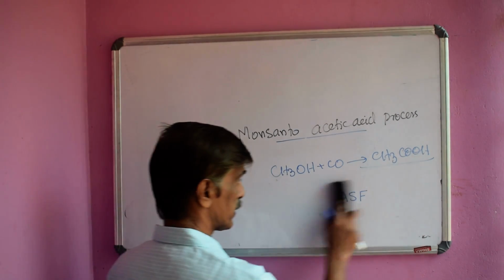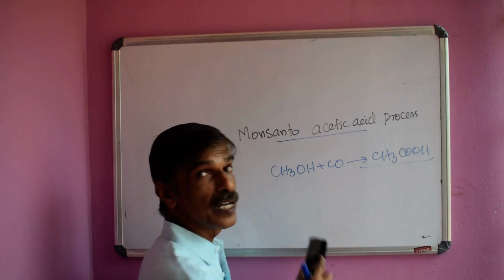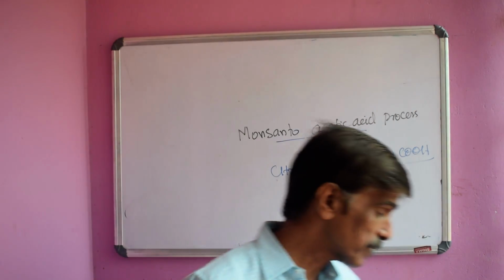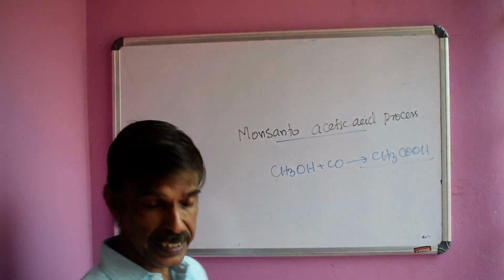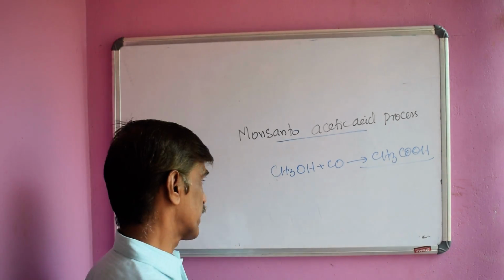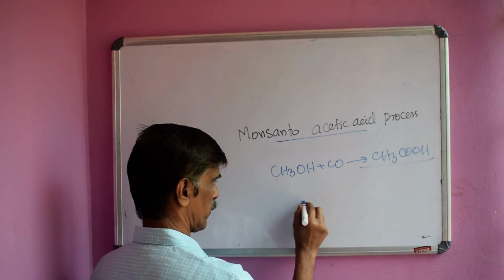And the process is the carbonylation of methanol to produce acetic acid. And the catalyst used in this case is a very simple one.